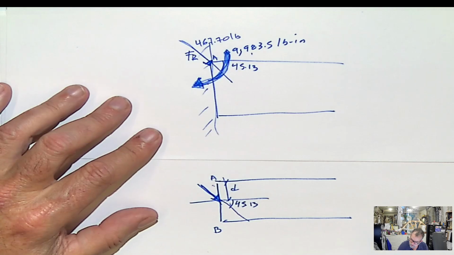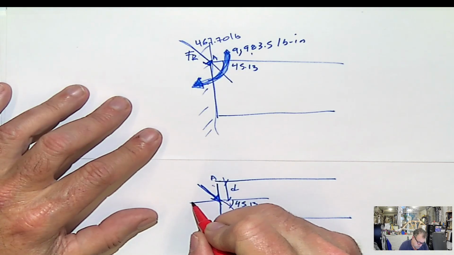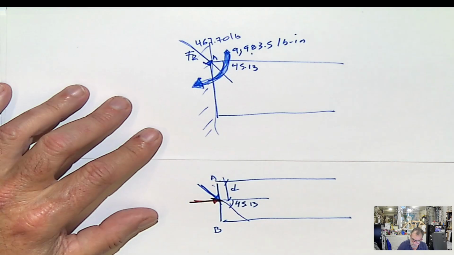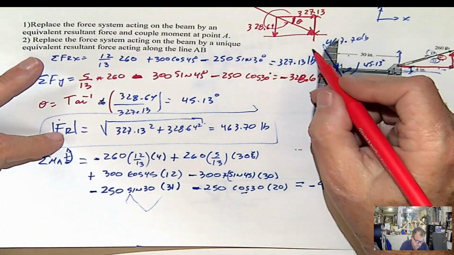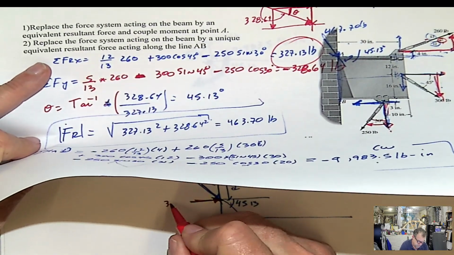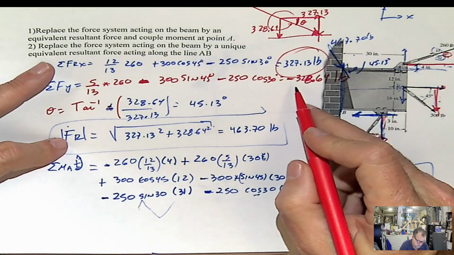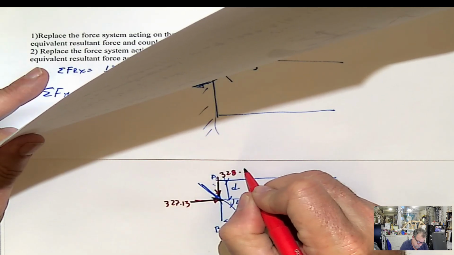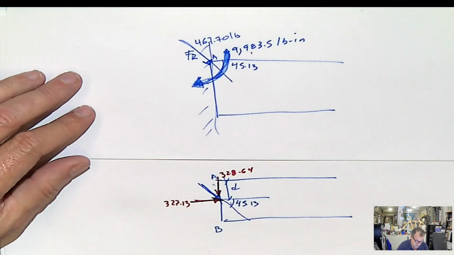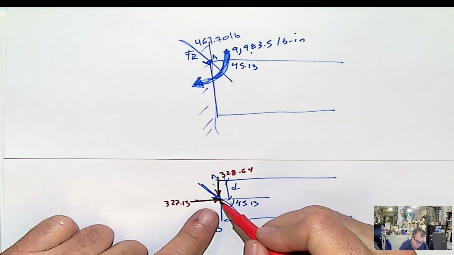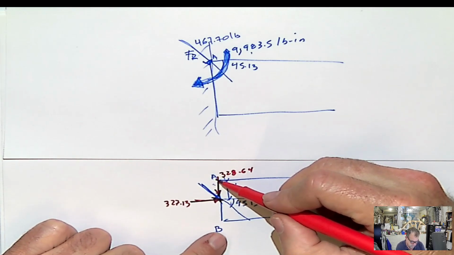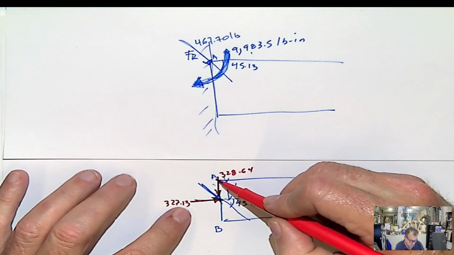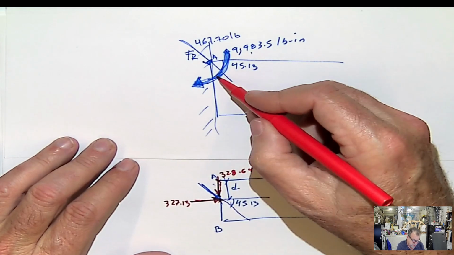The horizontal component is this one, and that value is 327.13, and the vertical component was 328.64. So basically, when I put here my point A and apply these forces in this direction, this force times this distance should provide that moment.